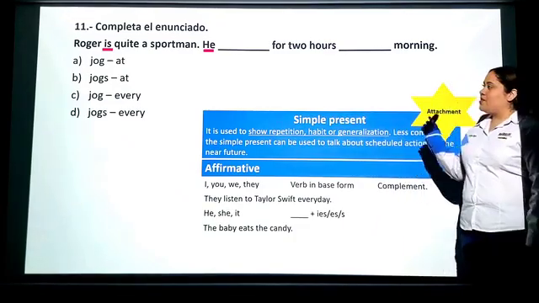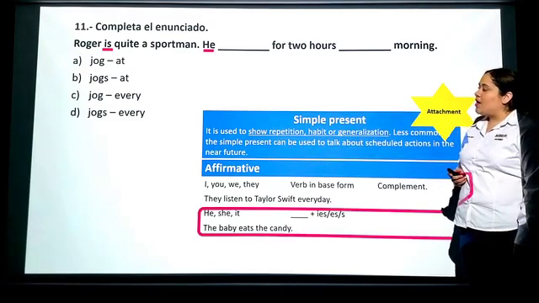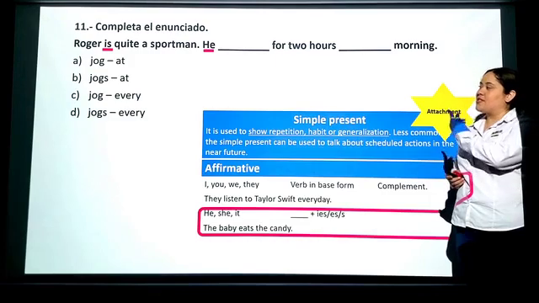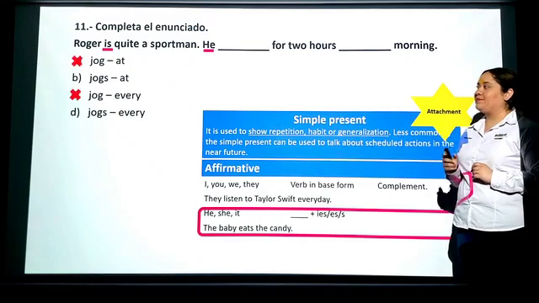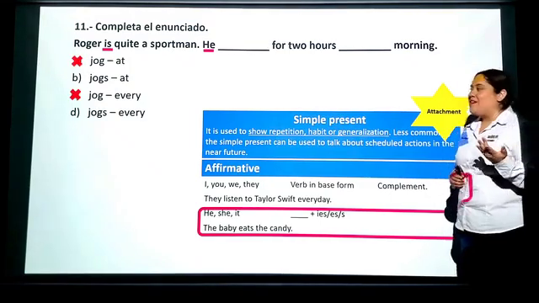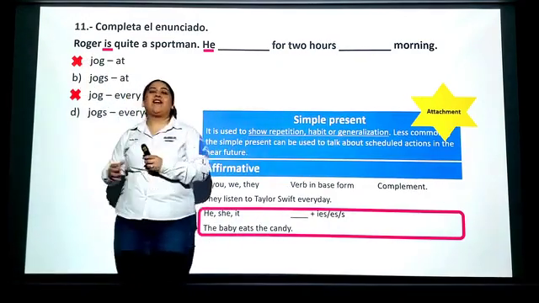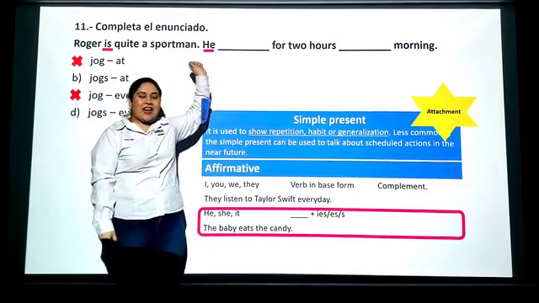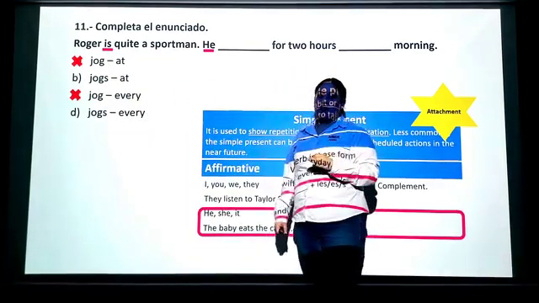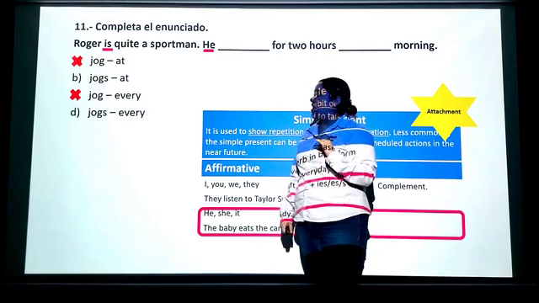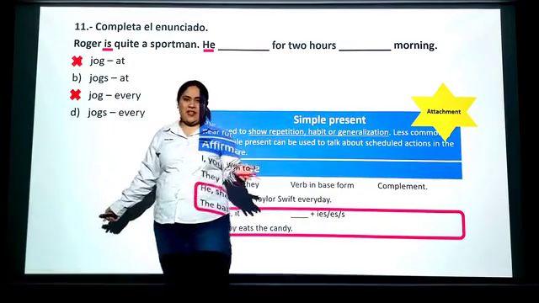Knowing this, we're going to look at these options. Jog at, jogs at, jog every, and jogs every. Goodbye to these. Why? Because Roger is a man, so we're going to use he. Actually, we have it over here and it's highlighted. So in this case, the verb must finish with the letter S. In this case, they do not, so we eliminate them.